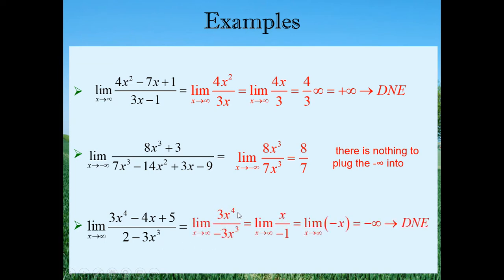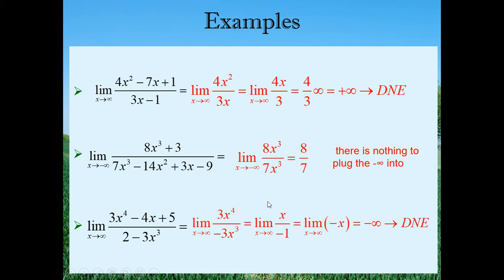So I've got 3x to the 4th minus 3x all over negative 3x cubed. Well, that's going to be x over negative 1. The limit of negative x as it goes to infinity is negative infinity. Again, technically it does not exist, but I prefer negative infinity because you can see which direction it's going there.